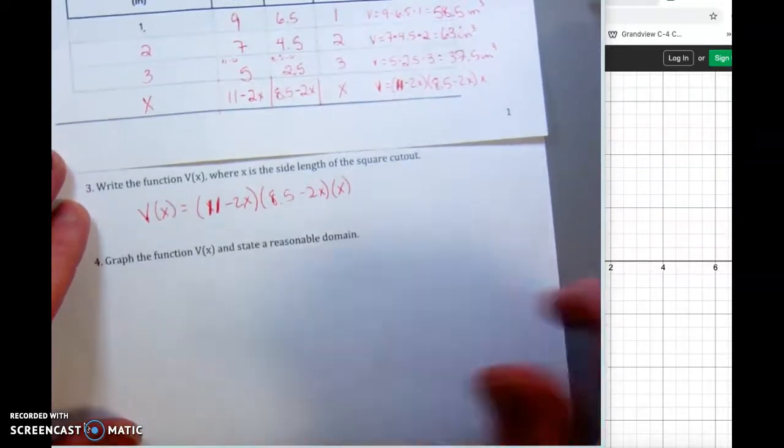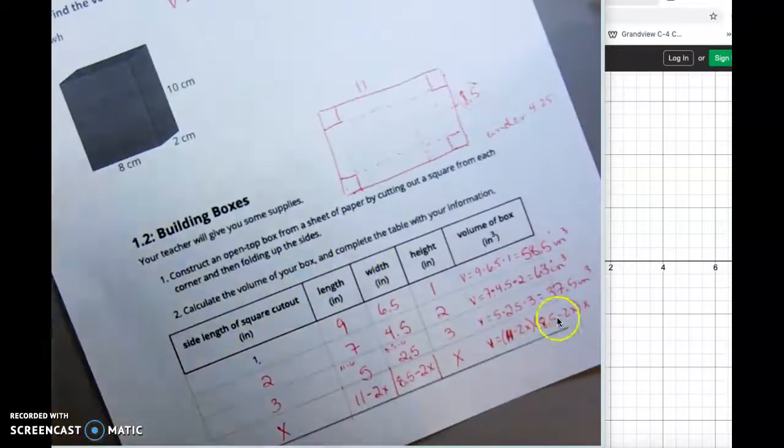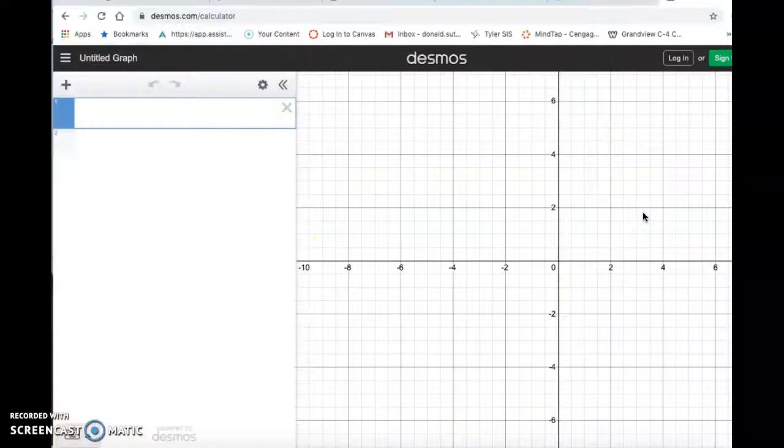I'm going to go to Desmos to do that. So we're going to leave the ladybug here and go to Desmos. Now I can't use v of x, so I'm going to use y equals. It's the same idea. y equals 11 minus 2x.